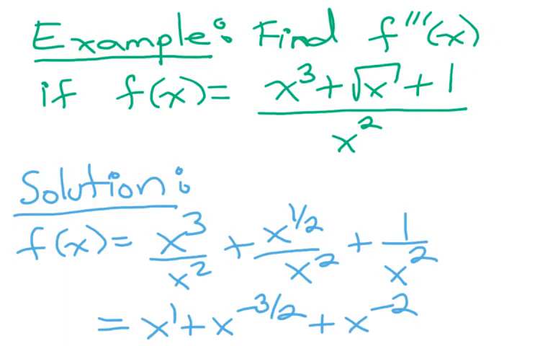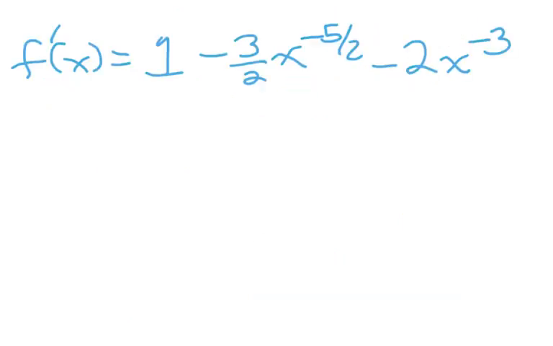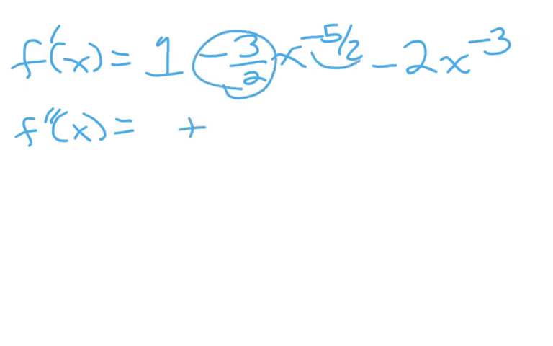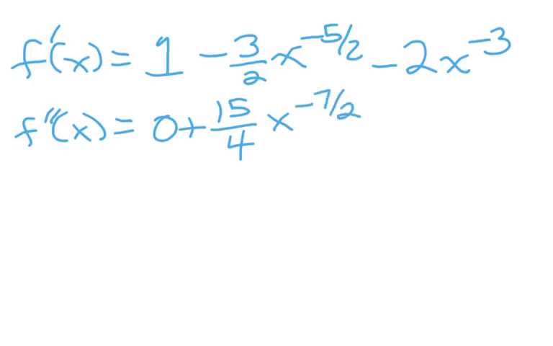Be careful with the negative exponents that when you're subtracting one, you're doing it properly. The second derivative, now that's just the derivative of a constant, which is 0, plus, well, that's negative 3/2 times negative 5/2, so that's 15 over 4, x to the negative 7/2. Negative 2 times negative 3 is positive 6, x to the negative 4.